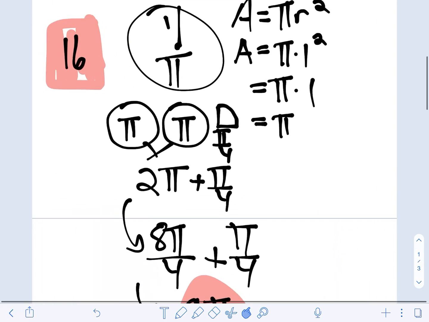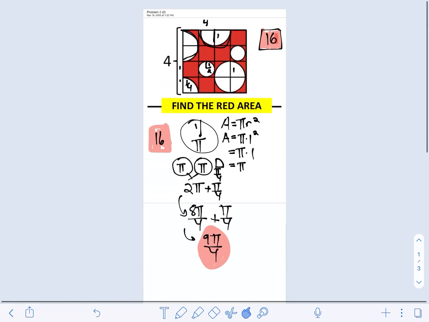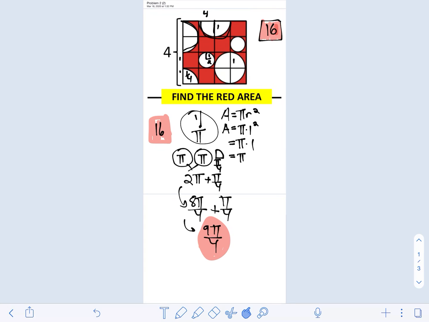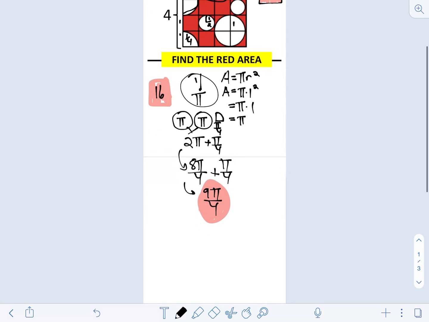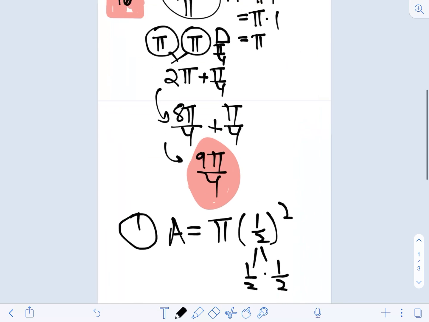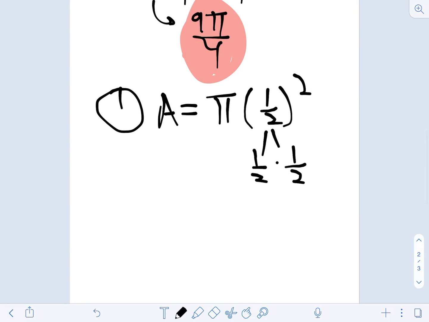Now we need to go to those smaller circles. Each of the small circles has a radius of 1/2. Area equals pi times 1/2 squared, and 1/2 squared is just 1/2 times 1/2. Let's zoom in a little bit.